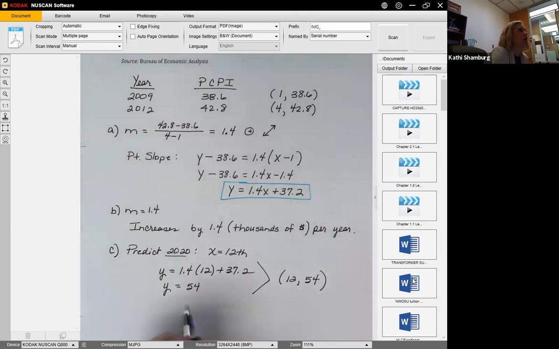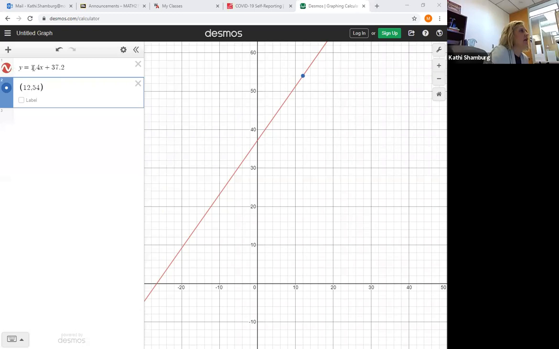So we're going to go over and look at that. I've already graphed it. So here is the equation of the line, and if you'll notice, it's just going upwards. And then here's the point (12, 54). So again, that's year 2020, because these go by twos. So right here, 1 was year 2009.